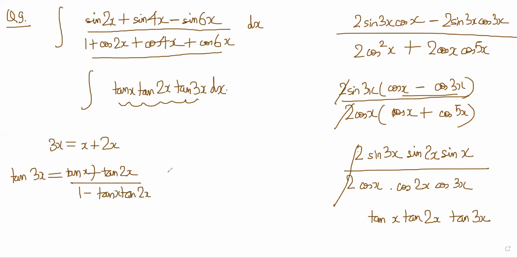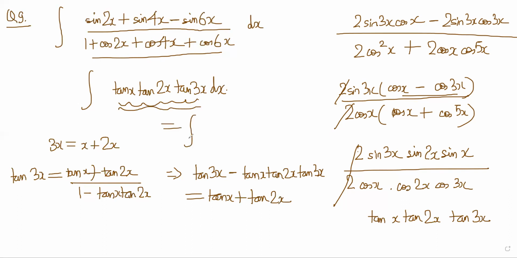Therefore, tan 3x minus tan x tan 2x tan 3x is equal to tan x plus tan 2x. So this product expression can actually be written as tan 3x minus tan x minus tan 2x.